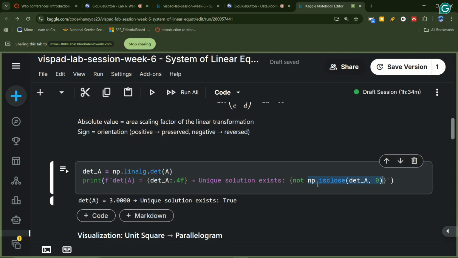First of all, let me break things down. I hope you can all see what I've highlighted. This expression over here is checking if the determinant is approximately 0. So if we put not in front of it, what does it mean? It's trying to check for the opposite.